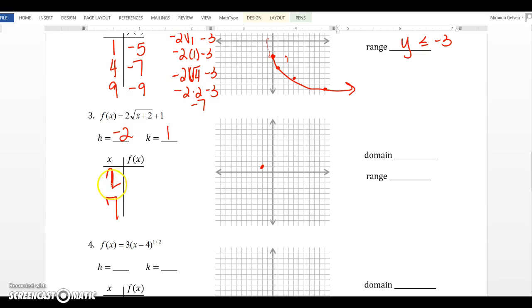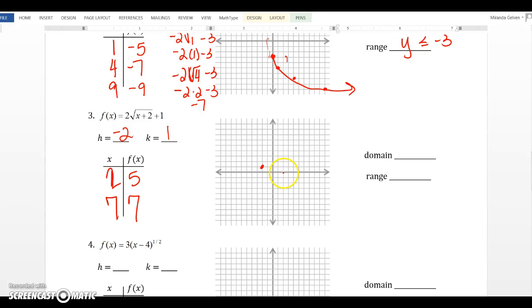If I pick 2, 2 plus 2 is 4, square root of 4 is 2, times 2 is 4, plus 1 is 5. If I pick 7, 7 plus 2 is 9, square root of 9 is 3, times 2 is 6, plus 1 is 7.